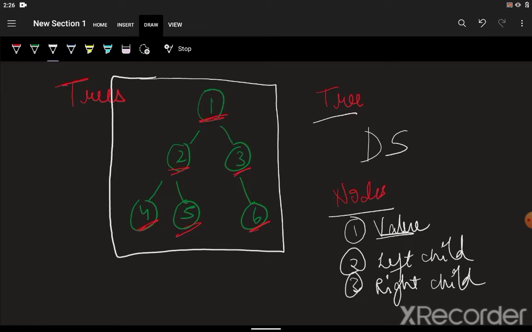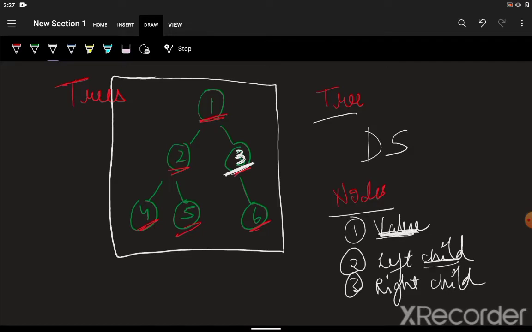I think value is very evident, I don't need to explain it. For example, if we pick up this particular node, it has a value of 3. Similarly, any node has a value, and that value refers to the thing that it's storing, the number, whatever.